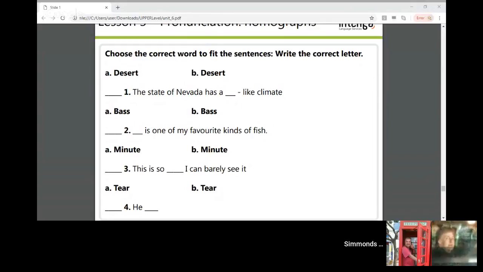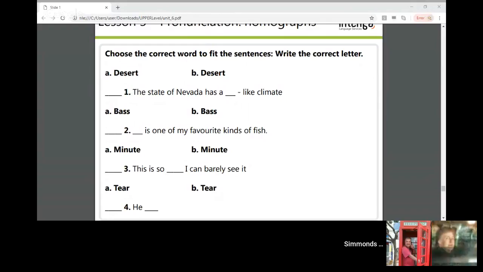Choose the correct word to fit into the sentences. We're not going to write anything because we can't, but the state of Nevada has a desert-like climate. How would we pronounce this word correctly? Desert. Good. Yep, the state of Nevada has a desert-like climate.